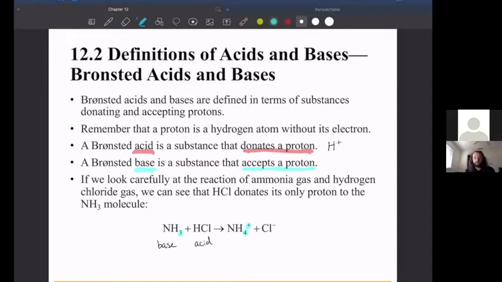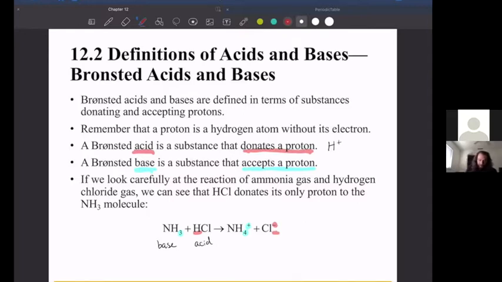So that positive charge also came with it. And then the hydrochloric acid, the acid is the one that donated a proton. So I go from having my hydrogen here to now I'm missing my hydrogen. And again, it left as H plus. So again, conservation of charges. It will leave behind the chloride ion, Cl minus.